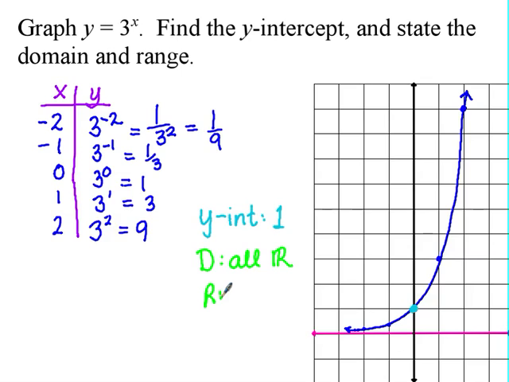So what can you tell me about the y's we're going to get here? You're only going to get positives, right? So how are we going to write that? Y is greater than 0. Because remember that greater than 0 always meant positive. So domain is always all reals.